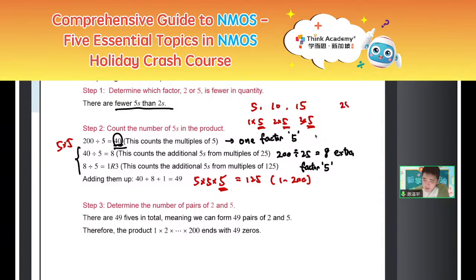But there are some numbers with two factors of 5. So you see, this one I have 1, this one I have 1, this one I have 1. But when we come to 25, I actually have 2. But just now, we counted only one of them. That's why we need to find the multiples of 25 and count the extra one.